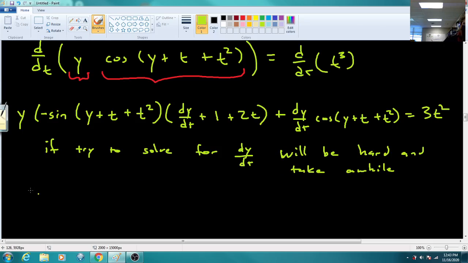Since we don't need the actual equation, we just need it evaluated at a point.